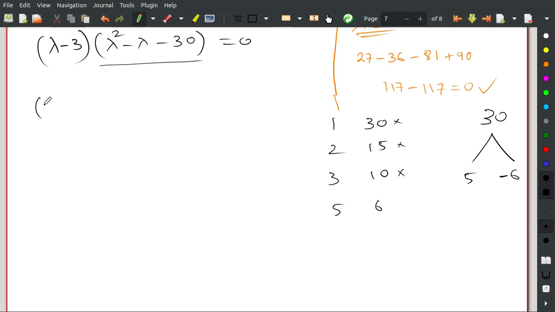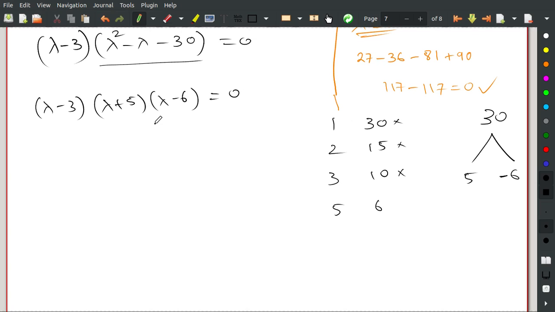We have lambda minus 3, and we have lambda plus 5 into lambda minus 6, equals 0.